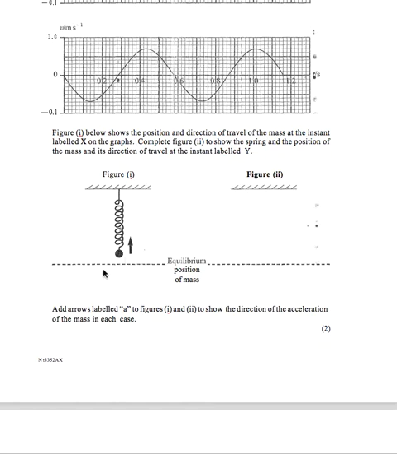And the acceleration is down in this case. So, first part of the question, your spring is drawn so that the mass is below the equilibrium position and moving up. Second part of the question, the acceleration here is down, the acceleration here is up.